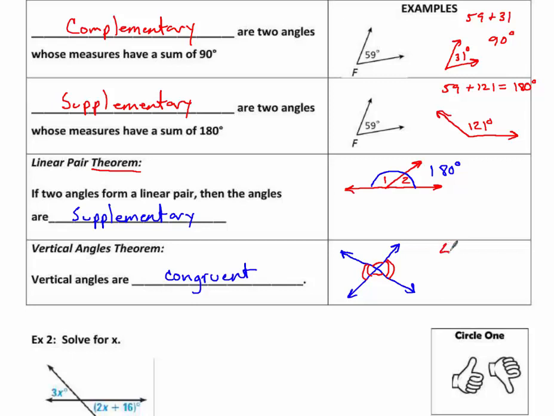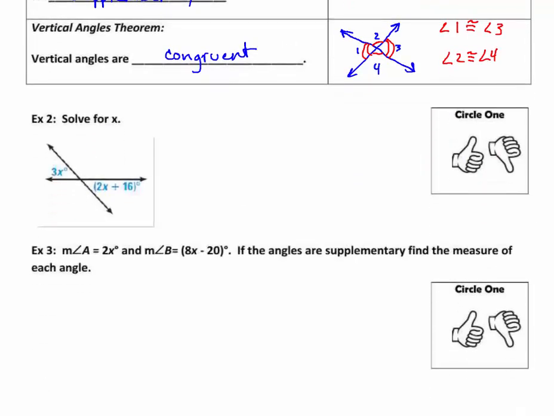So let's say this is angle 1, 2, 3, 4. So angle 1 is congruent to angle 3. Angle 2 is congruent to angle 4. Move down and work a couple examples with these.